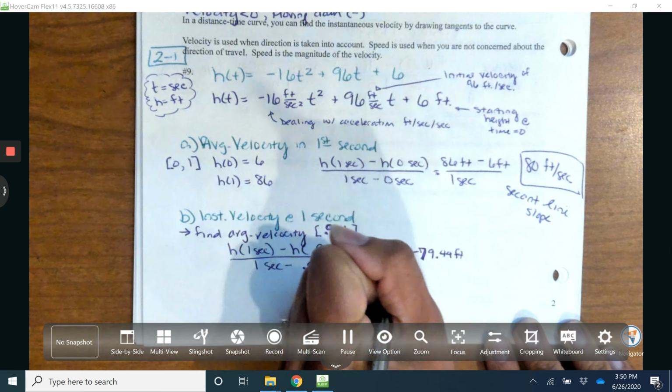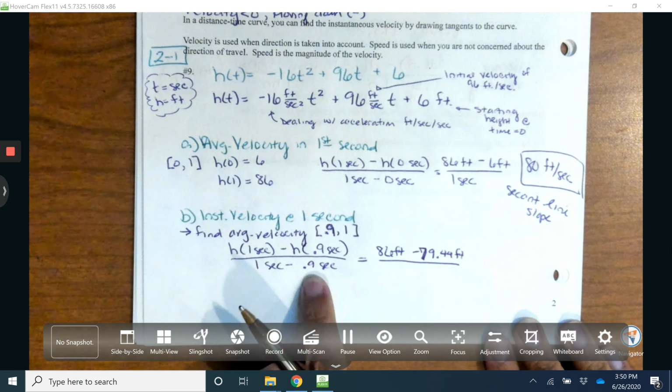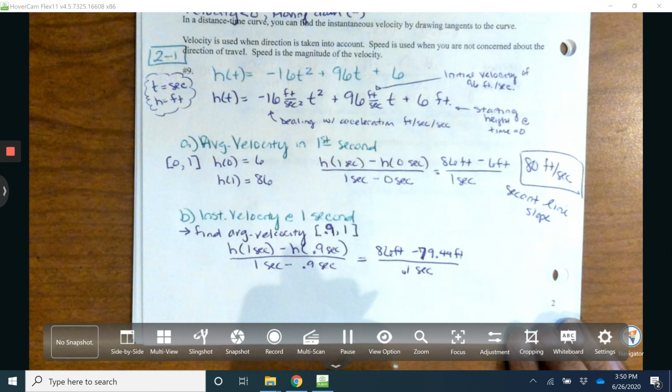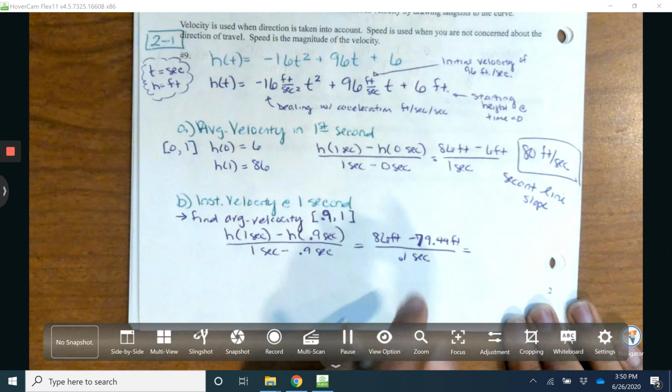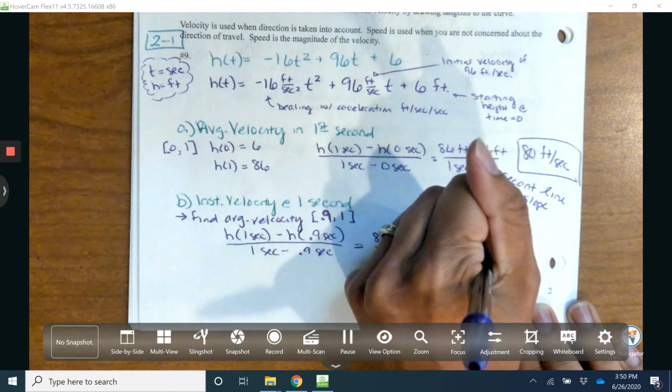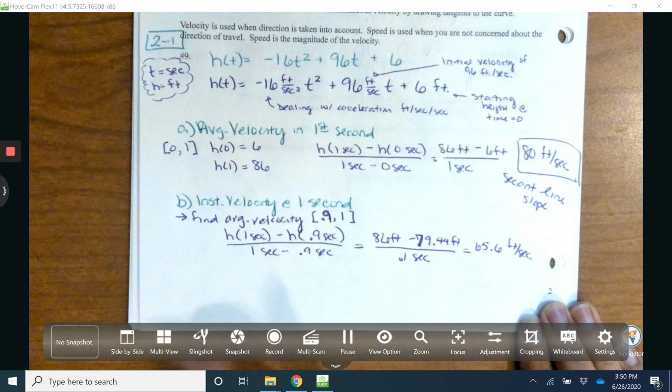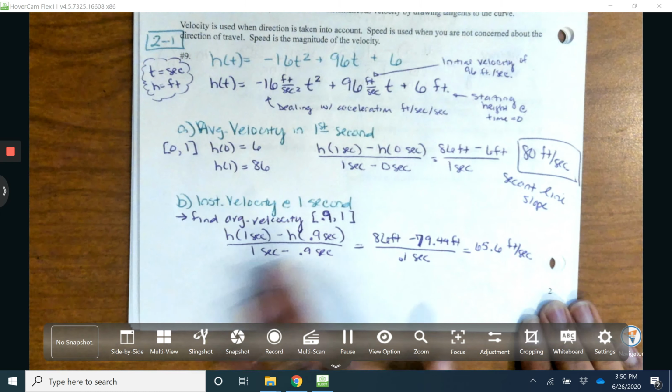And then 1 second minus 0.9 seconds is 0.1 seconds. Then I subtract, and then divide, and I get 65.6 feet per second. That's pretty close to the instantaneous velocity, but I'm going to do one on the other side of 1 as well.